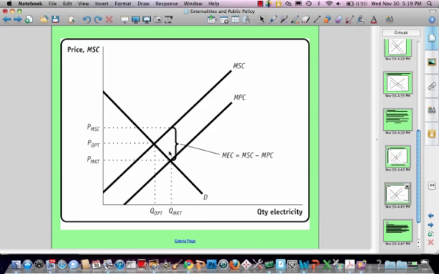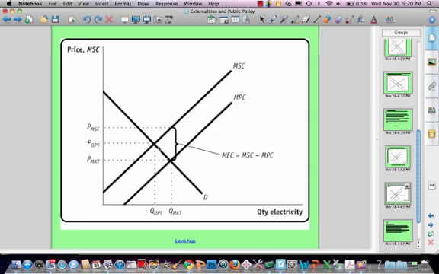So, left to its own devices, the utility is going to produce the market quantity, which is where their supply curve intersects with the demand curve of consumers. The question we have is, is there a way to create the socially optimal output, which has to take into consideration both the private cost and the external cost?